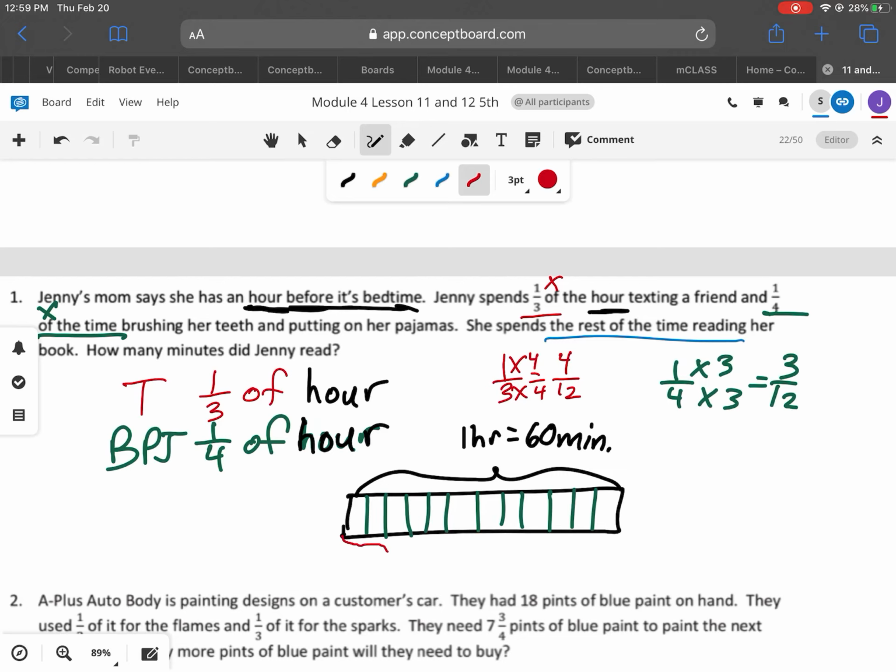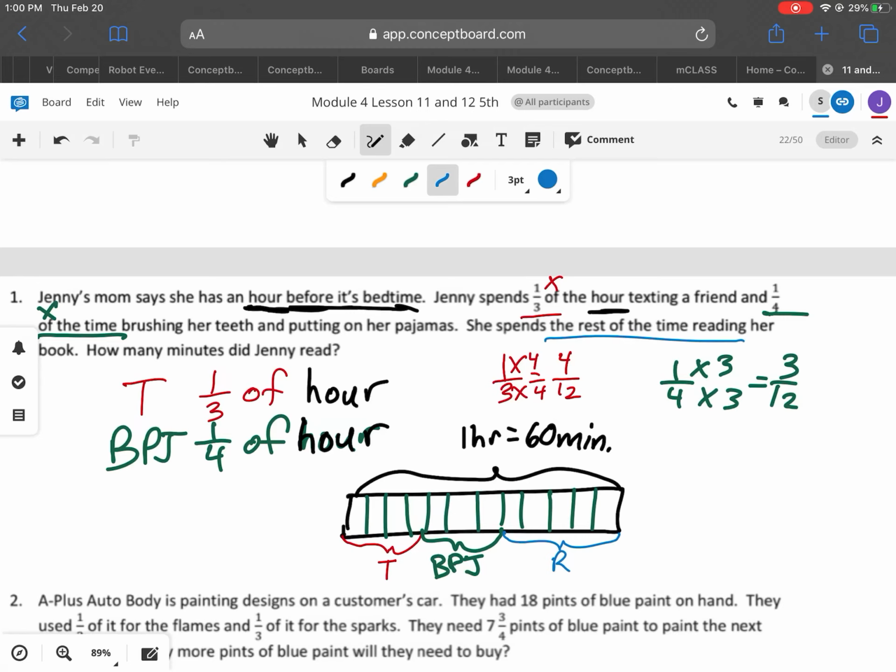And there I have 12s. So 1/3 of the time, which is 4 12s, was spent texting. 1/4 of the time, which is 3 12s, was brushing teeth and PJs. And the rest of the time, she spent reading.